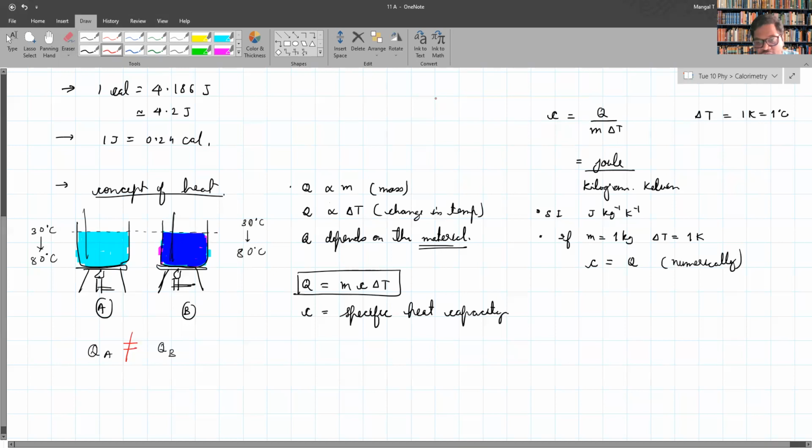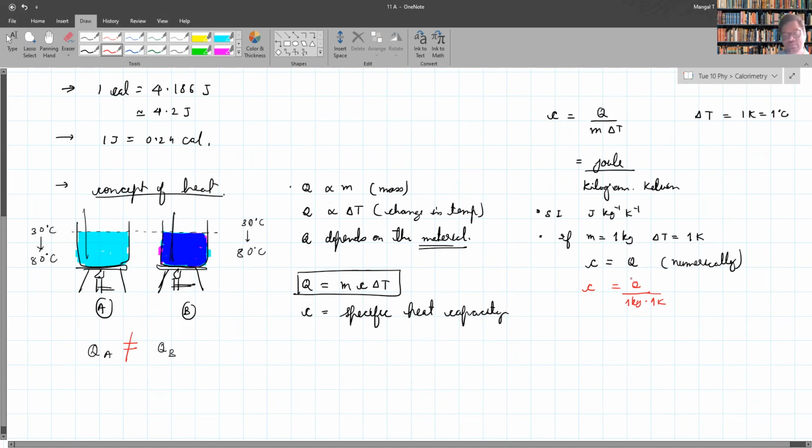Similarly, specific heat capacity will be the amount of heat required by a unit mass to change its temperature by 1 Kelvin or 1 degree Celsius. That's the definition.